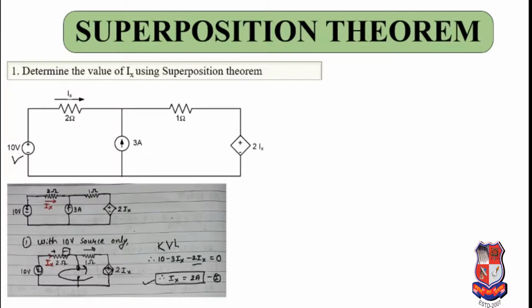So you will get Ix equals 2 ampere. This 2 and 1 together I have written as 3 Ix. So Ix will be 2 ampere for the 10 volt source.